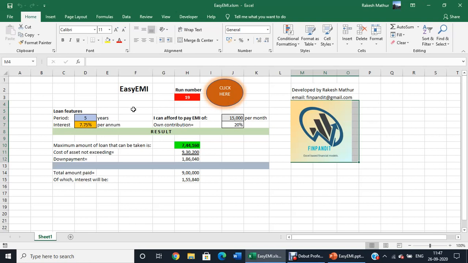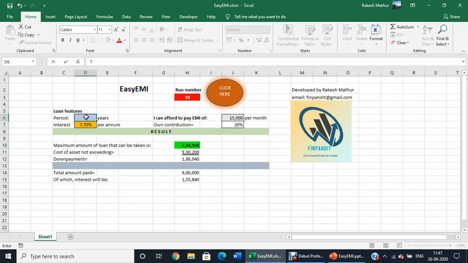Similarly, suppose you are a corporate. Now you are willing to buy a machinery by taking a bank loan. The bank is giving you a loan for 7 years. The interest rate it is charging is 11.2%, and the company has worked out from its cash flows that it can pay an EMI of say 4 lakhs per month.